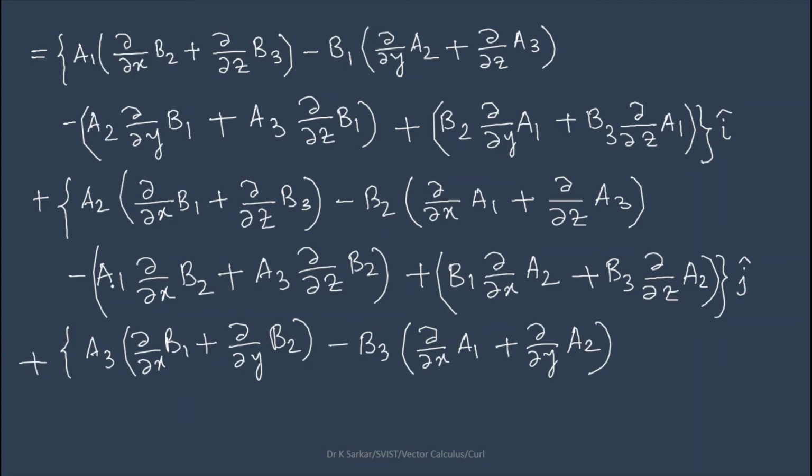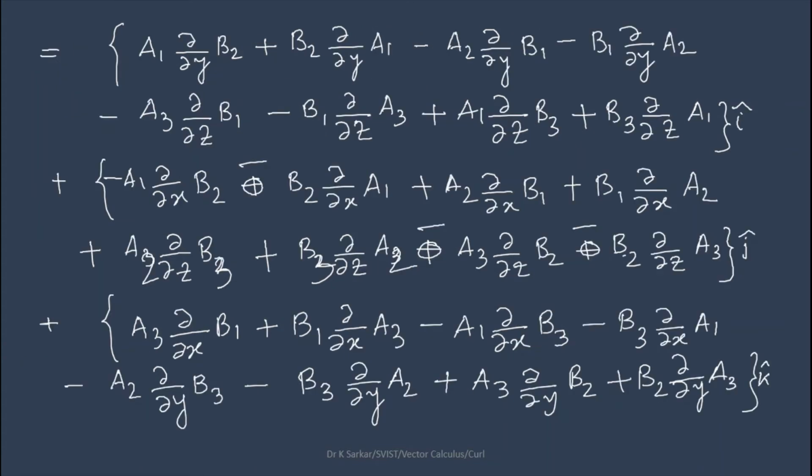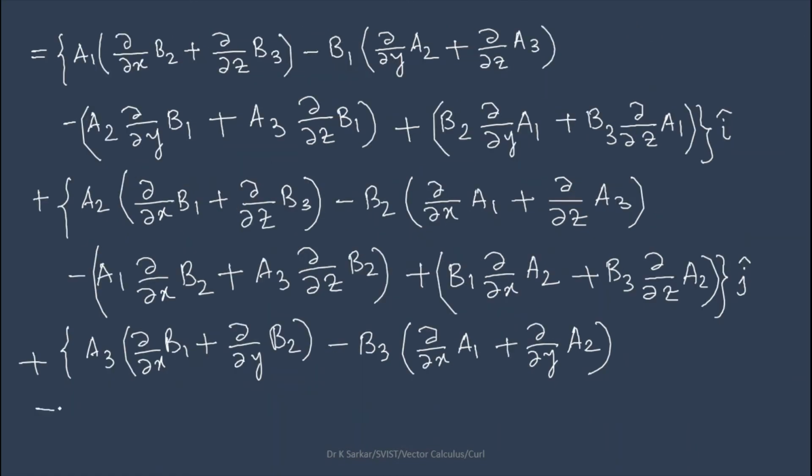Next you see the term minus A1 del/del x B2 plus A3 del/del z B2. Here minus A2 del/del y B1 plus A3 del/del z B1. Let's see. Minus A1 del/del x B3 minus A2 del/del y B3, minus A1 del/del x B3 plus A2 del/del y B3.